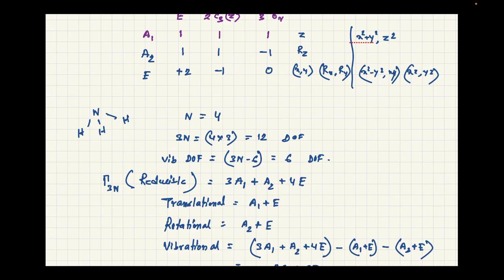To be Raman active, the irreducible representation for that particular vibrational mode has to be equal to the irreducible representation of the quadratic function, like the matrix element for the polarizability tensor. And to be infrared active, the irreducible representation for the vibrational normal mode has to be equal to the irreducible representation for the linear functions of x, y, and z.